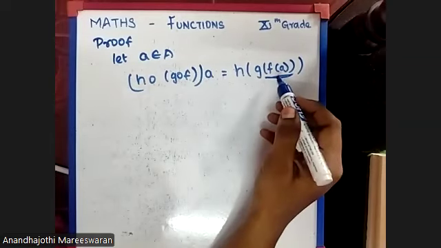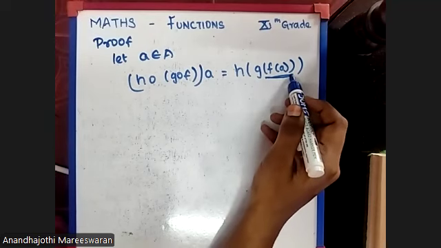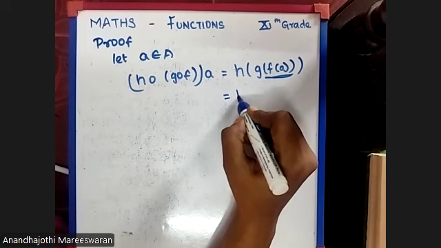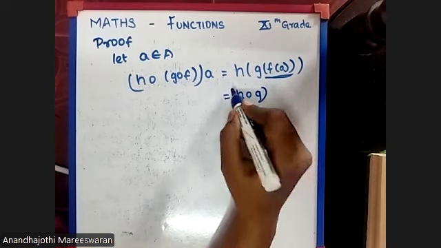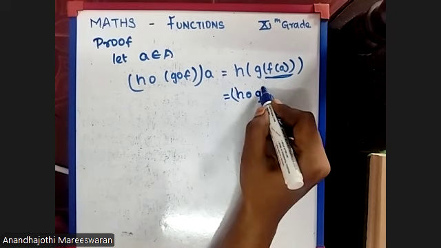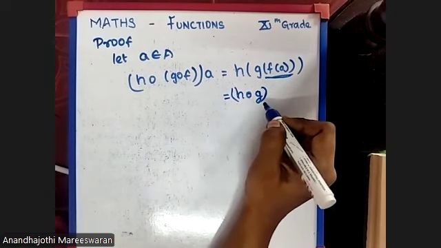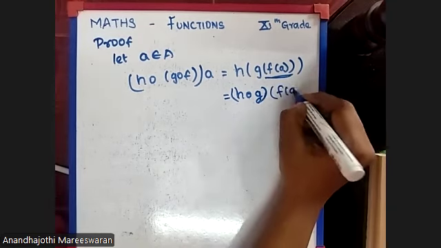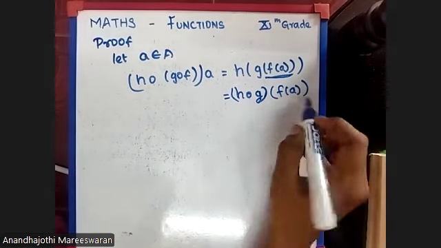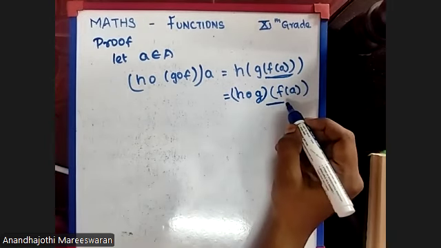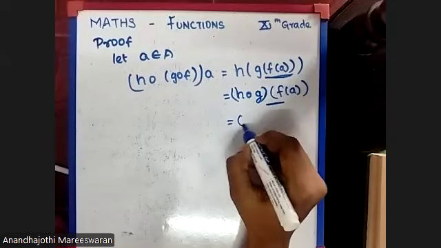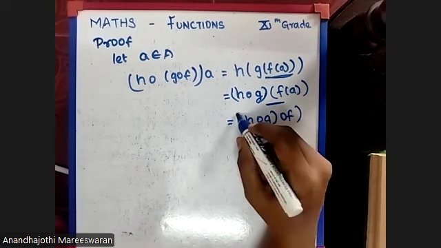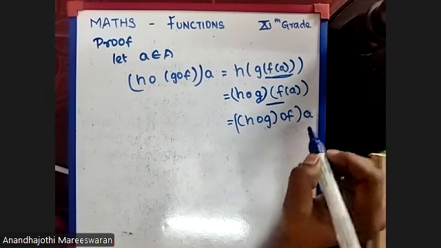Consider the entire F of a as an element. So we can rewrite it as H circle G, treat it as one thing, and treat F of a as an element, right? Now we replace it as H circle G circle F of the entire element a.